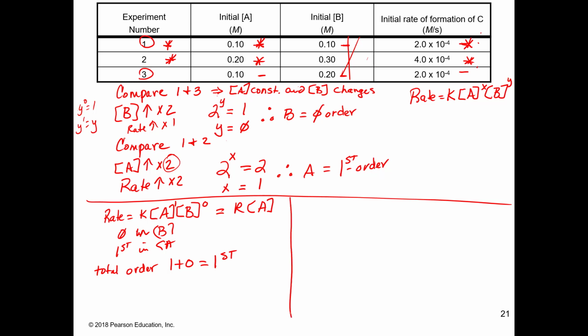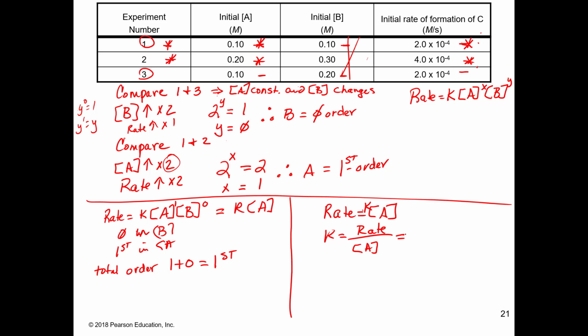Now the second part of this, it wanted me to figure out what K was. So I go back to my original. I now know what those are. So the rate equals K times A. So if I rearrange this, K equals the rate divided by the concentration of A. And so I can just pick any of them I want to.